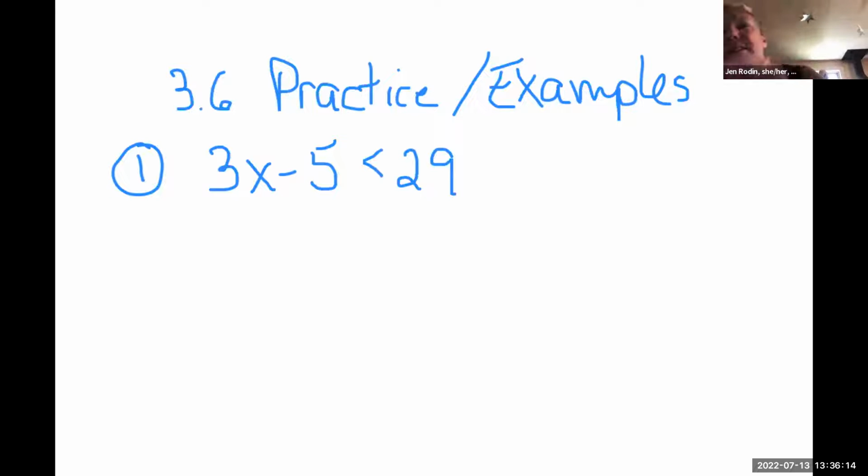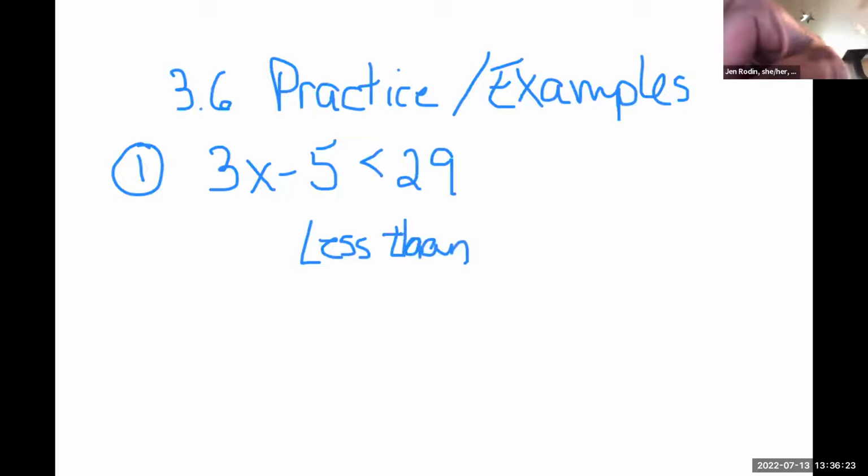This way is less than, so again, it's pointing to the left. We want to get x alone, so I'd add 5 to both sides. This isn't a double inequality. We're back to just a straight 2-step.